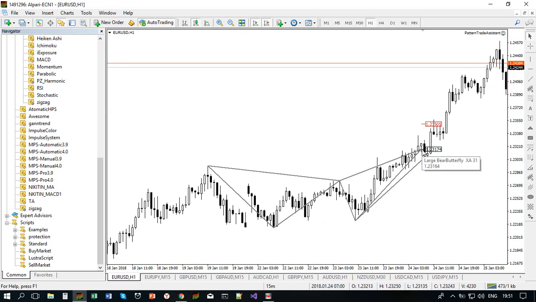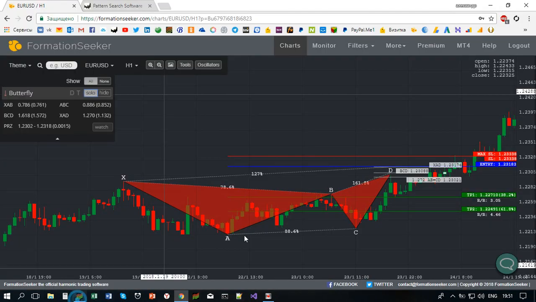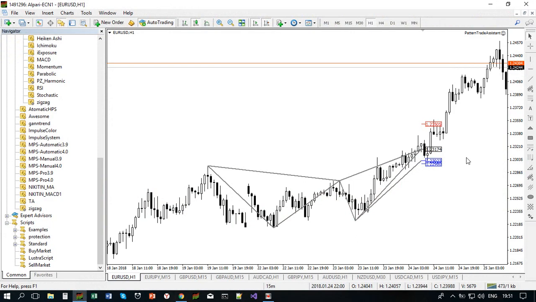The BC to XA number is 2317. BC to XA 2317. Perfect. Okay, the 127 A to B, AB equals CD, is 2302. The AB equals CD is 2302 and 3, yes?